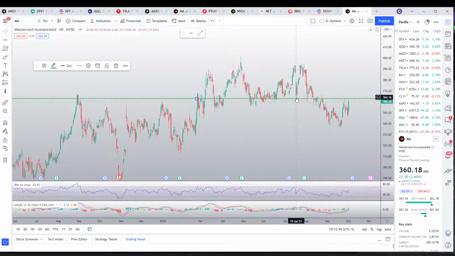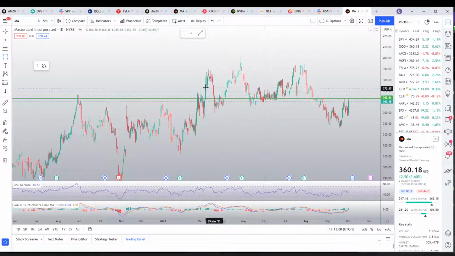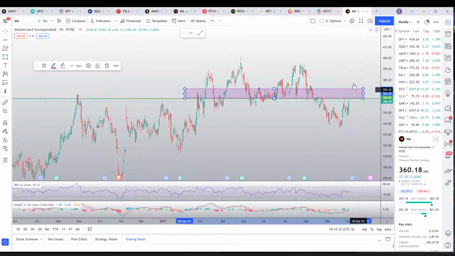You see how it bounced over here? This was your support before it broke down over here. So this was your support right here around the 63 to 65 area. Because you have a good area right here where it consolidated, see?